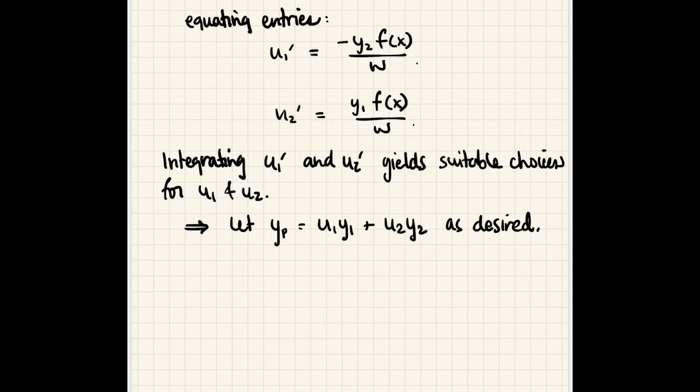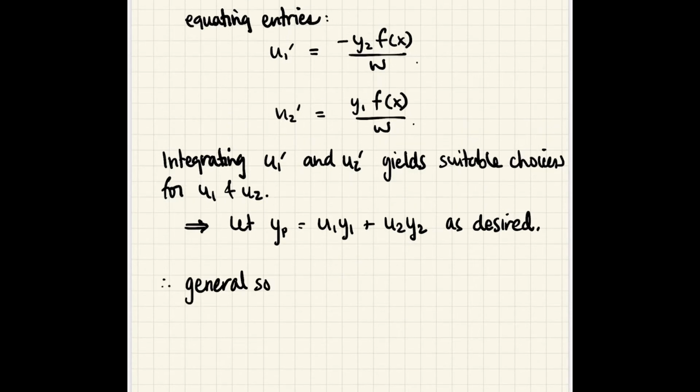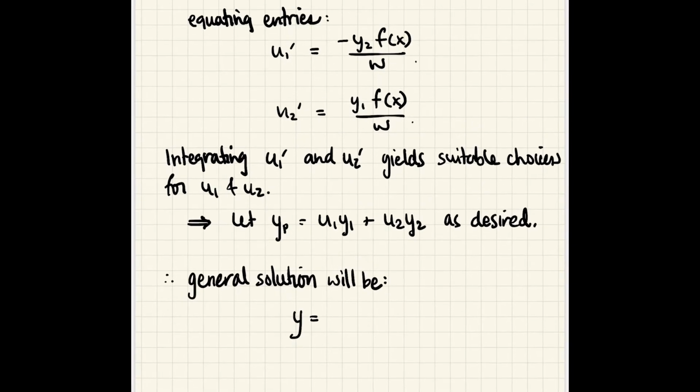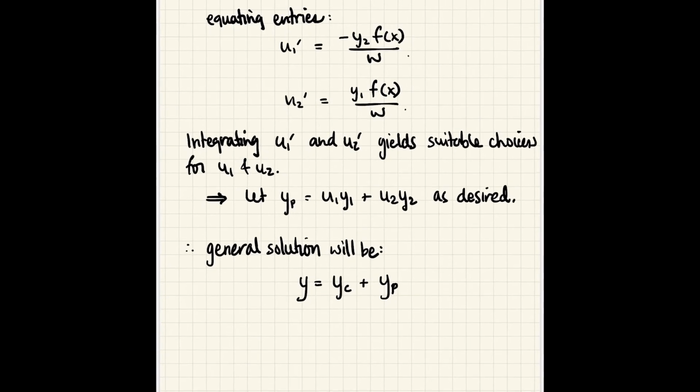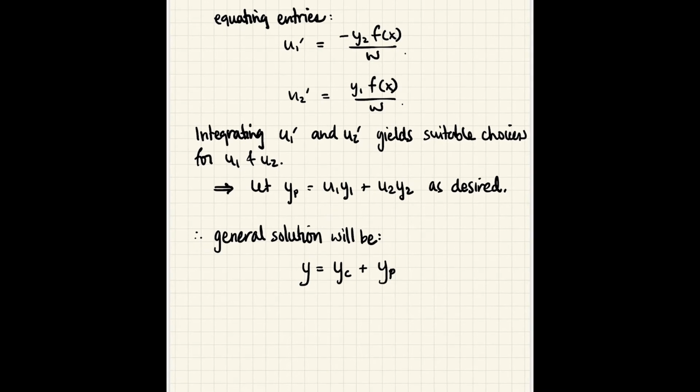And of course, the general solution will simply be the sum of the complementary solution plus the particular solution that we just found. Remember, the complementary solution is c1 y1 plus c2 y2, and the particular solution is u1 y1 plus u2 y2.